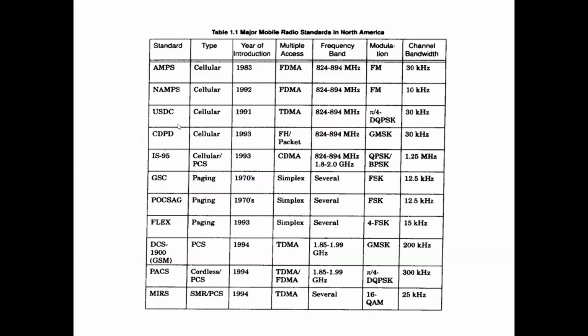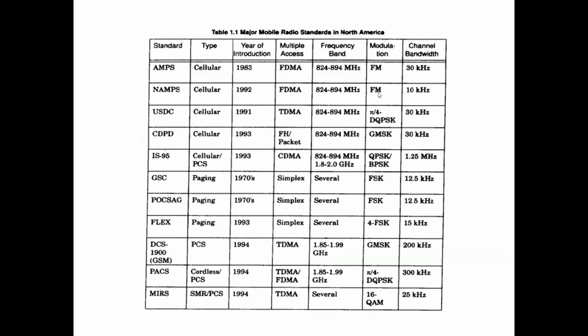Then we have another system, which is the USDC cellular communication system, from 1991. The kind of multiple access becomes TDMA. In this system, digital modulation techniques are introduced, which means that ciphering and securing of the communication begins.